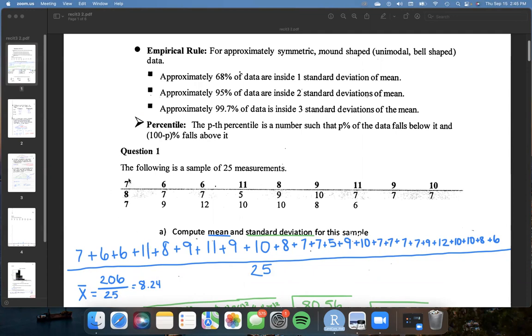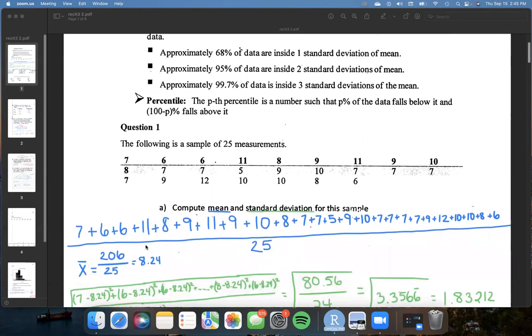So we'll do like the first data point minus the mean squared plus the second data point minus the mean squared, so on and so forth. And then we're going to divide that number by n minus 1, which our n is 25. So it would be divide that by 25 minus 1, and then we'll take the square root of that.